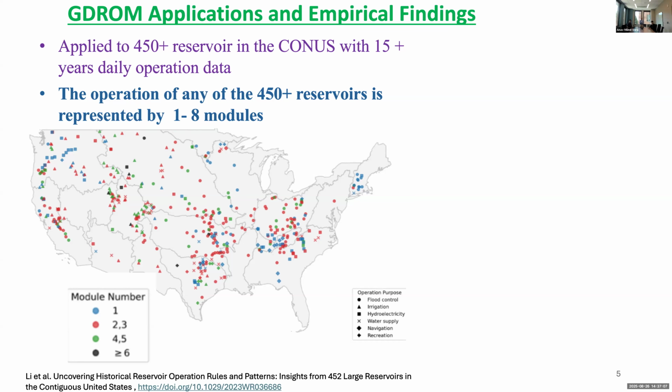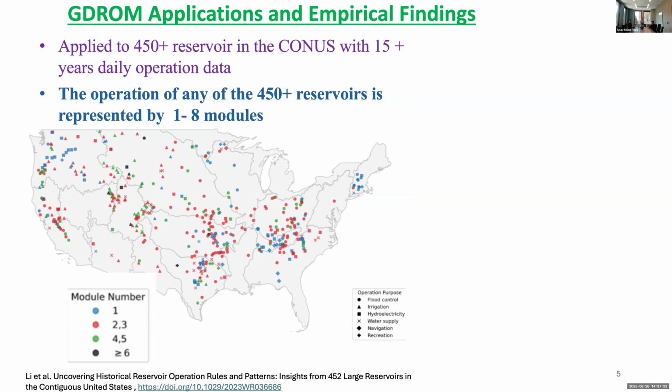From the map on the screen, we show all these 450 reservoirs. The shapes represent the reservoirs with different primary operation functions, and the colors show how many modules each reservoir has. As we can see, many reservoirs, by this blue color, just have one module.